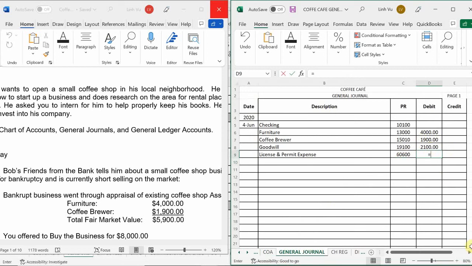Because we paid $250 for the state, $100 for the city, and $25 to change the business name. So we spent $375. That was all the things that I bought for my business.